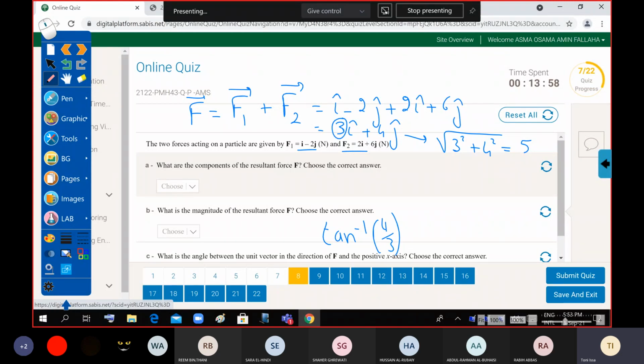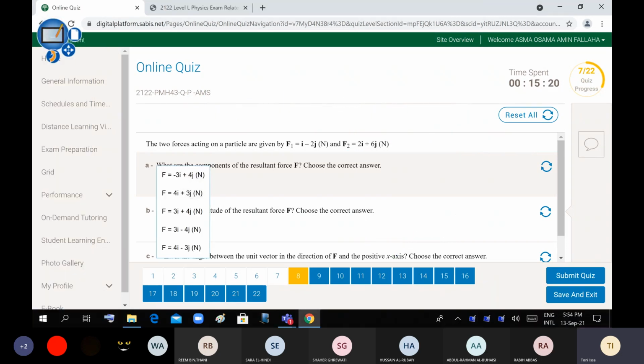Okay, so here, shift tangent 4 divided by 3, it will be 25.32 degrees. Okay, so these are the answers. Let's put them here. This is 3i, what did we say? We said it's 3i plus 4j.